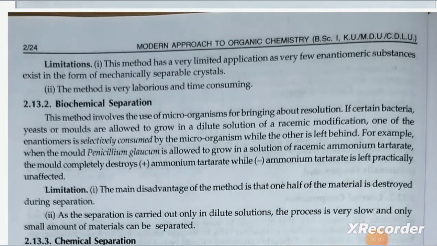For example, when the mold Penicillium glaucum is allowed to grow in a solution of racemic ammonium tartrate, the mold completely destroys plus ammonium tartrate, while minus ammonium tartrate is left practically unaffected. Limitation: first, the main disadvantage of this method is that one half of the material is destroyed during separation. Second, as the separation is carried out only in dilute solution, the process is very slow and only a small amount of material can be separated.